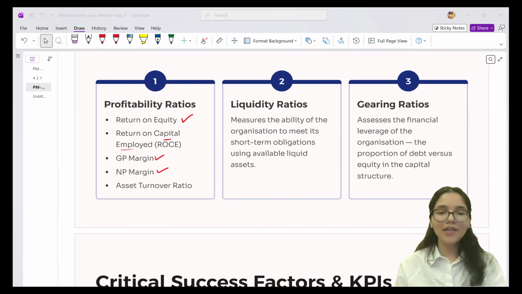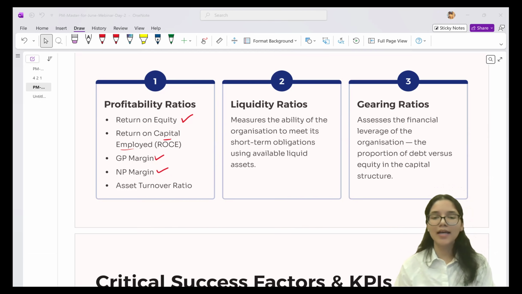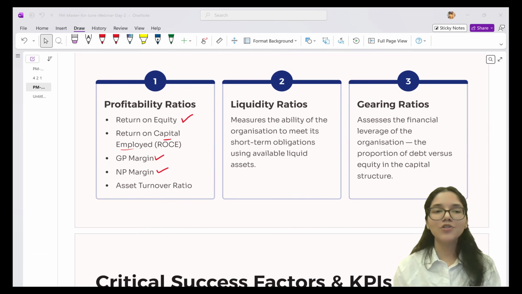Then another classification that we've studied is the liquidity ratios. What do liquidity ratios measure? Current ratio, quick ratio. Yes, we have 2 ratios: the current ratio and the quick ratio. These are the components. But what do these ratios measure, guys? What do liquidity ratios tell you about a company?